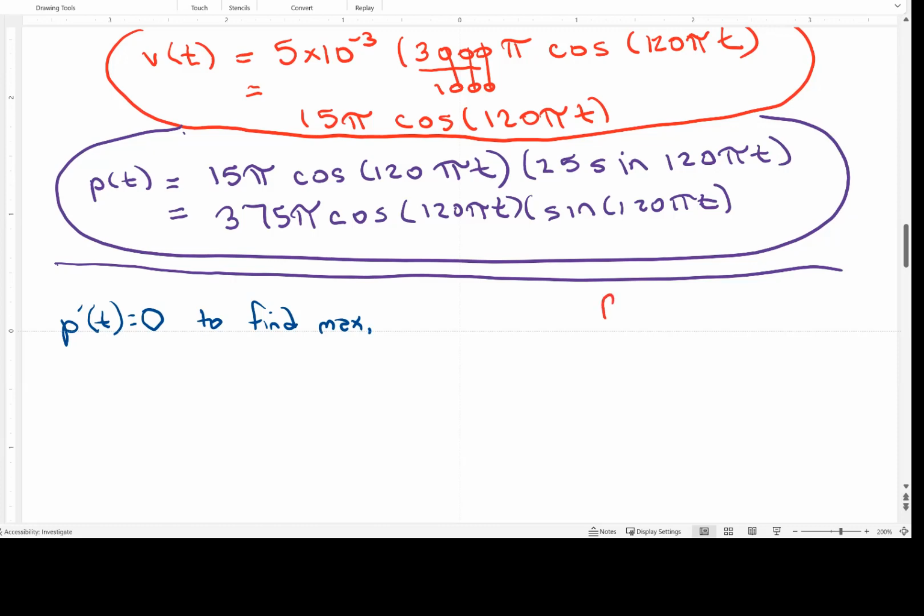So f times g, if I want to take the derivative of that, it's equal to f prime g plus g prime f. What am I saying? I'm saying I'm taking the derivative of f and multiplying it by g, and I'm adding the derivative of g and multiplying by f.